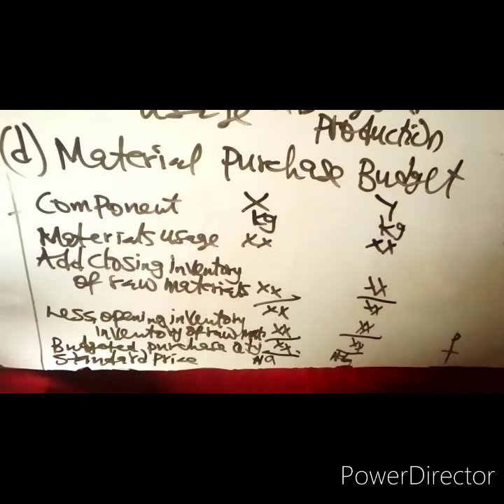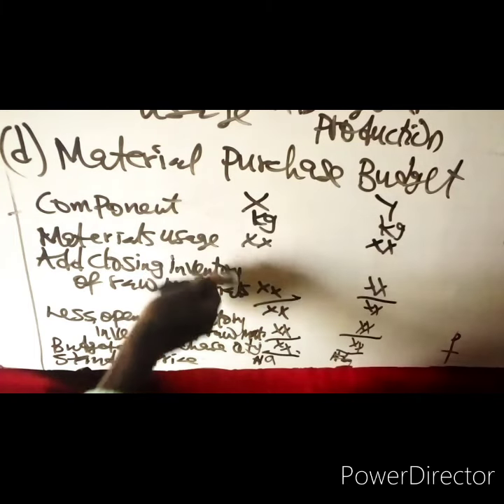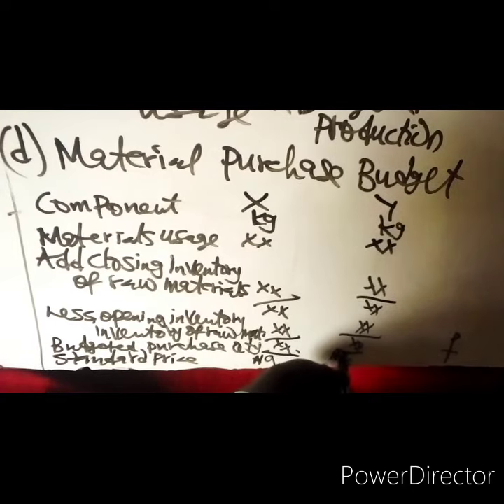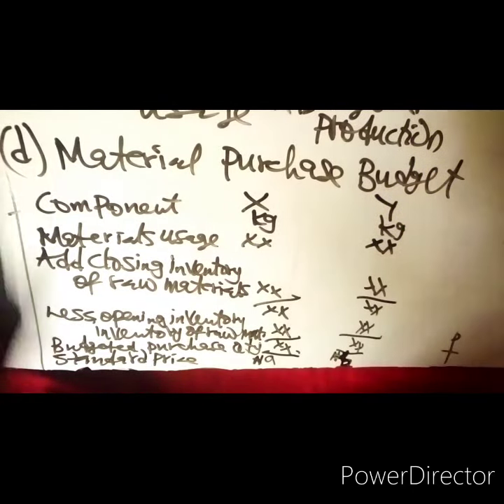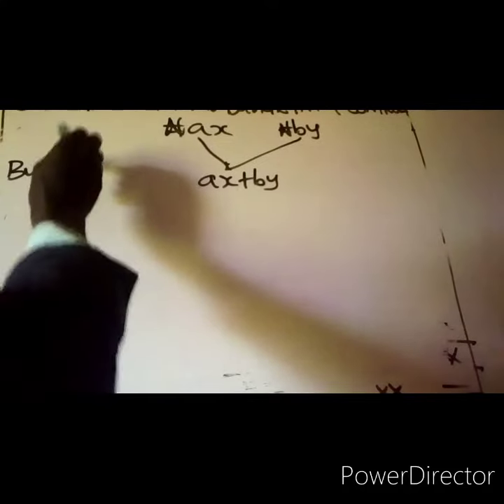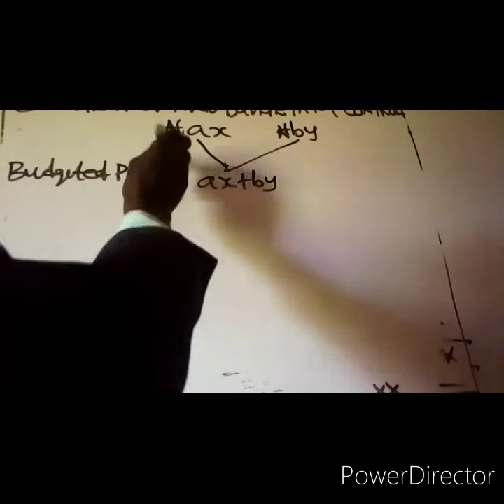Let's assume what you have for component X is AX naira and component Y is BY naira. So you now add the two together: AX plus BY. This is the budgeted purchase cost. That is purchase budget.